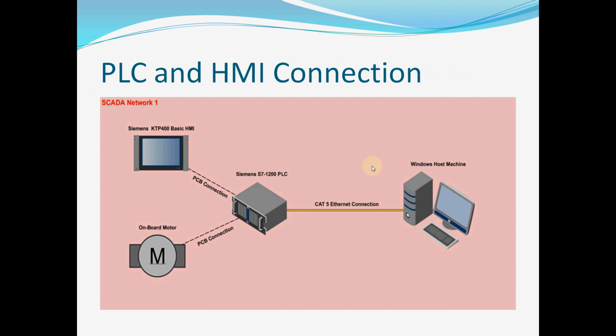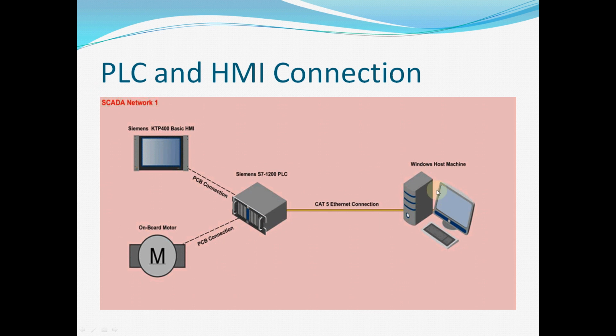Let's see how it is connected to the PLC system. Here you can see there's a PC, personal computer, which is connected to the PLC. The PLC is connected to the HMI and motor. If you want to run a motor using this PLC and HMI, you have to write a program first.